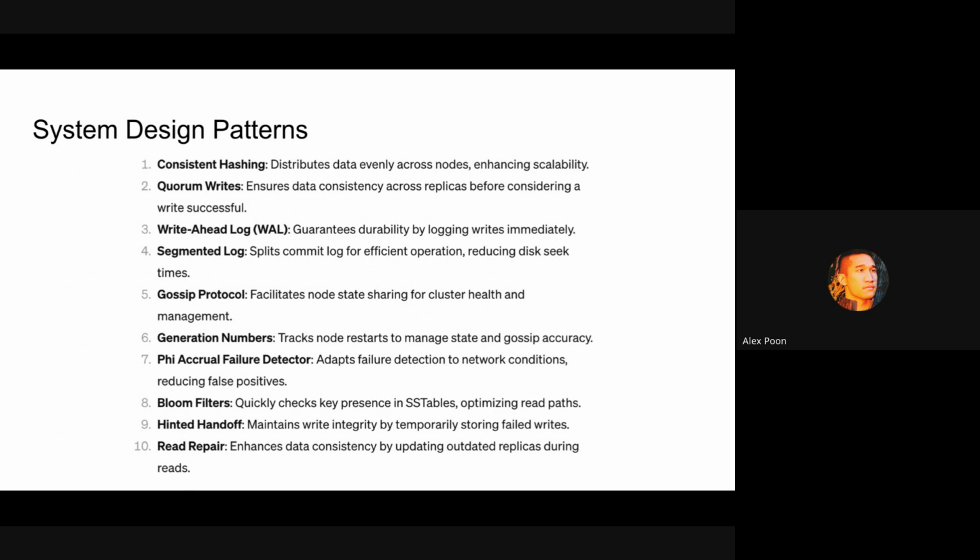As we know, when a node receives a write operation, it immediately writes the data to a commit log. As the commit log grows and reaches its threshold in size, a new commit log is created. Hence, over time, several commit logs could be present, each of which is called a segment.